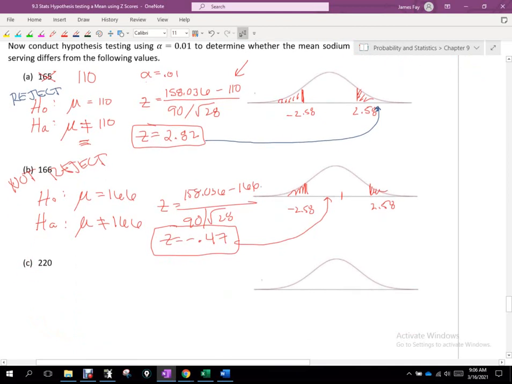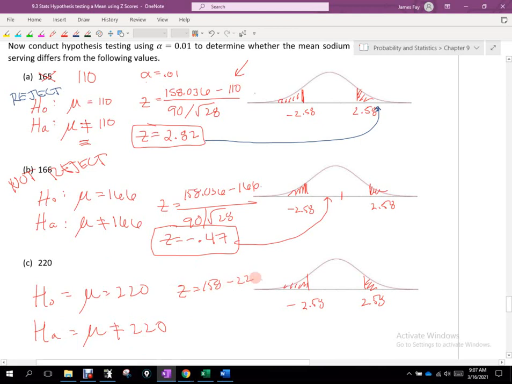And if we come down to the last one, same idea, 2.58 there, 2.58 there. Now the 220, so my null hypothesis would be mu equals 220. My alternative hypothesis, mu is not 220. Run through my z-score, so the 158 number minus now 220 over 90 divided by root 28.